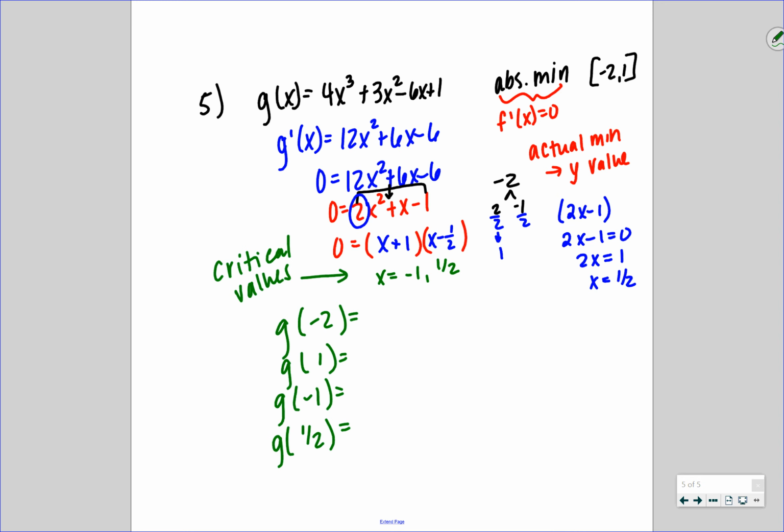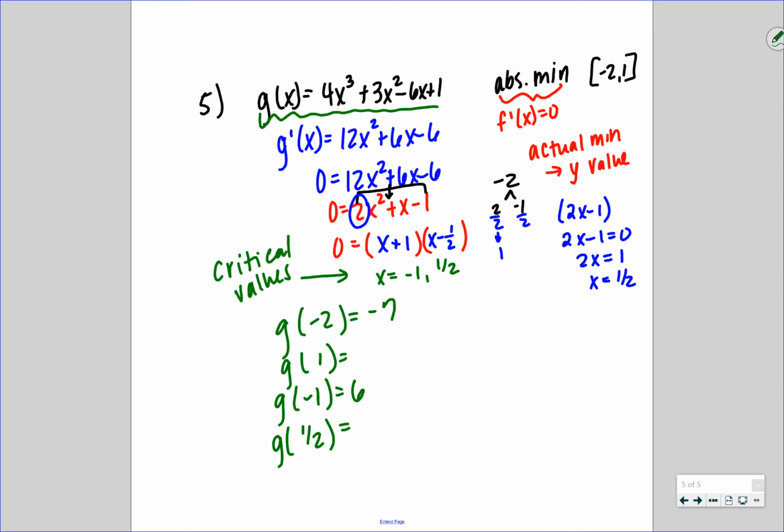So I am going to go to my calculator here and plug these in. When I plug in -2 to g, I get 4 times -2 cubed plus 3 times -2 squared minus 6 times -2 plus 1, you get -7. When I plug in -1, 4 times -1 cubed plus 3 times -1 squared minus 6 times -1 plus 1, I get 6. Now I'm going to plug in regular 1.